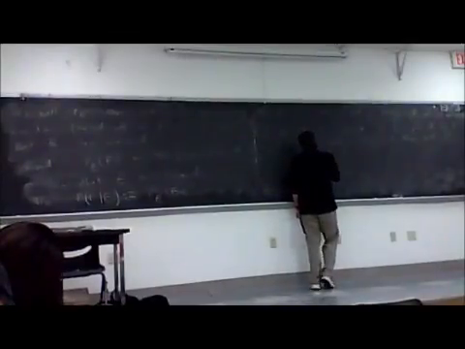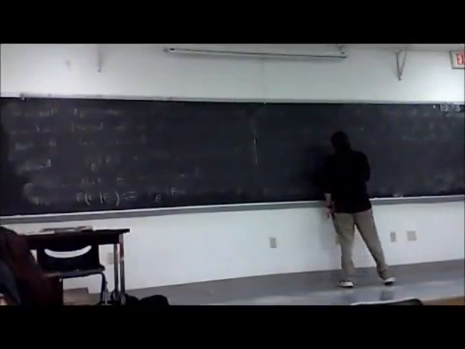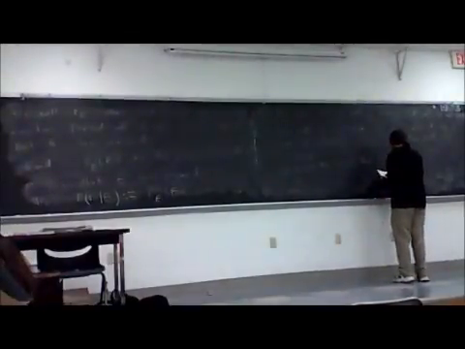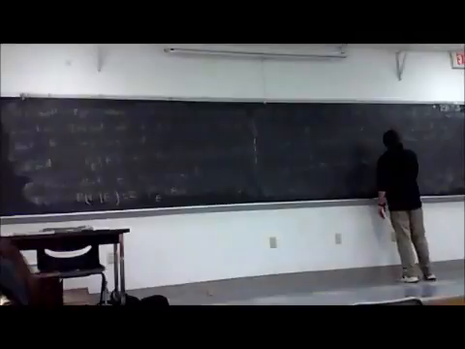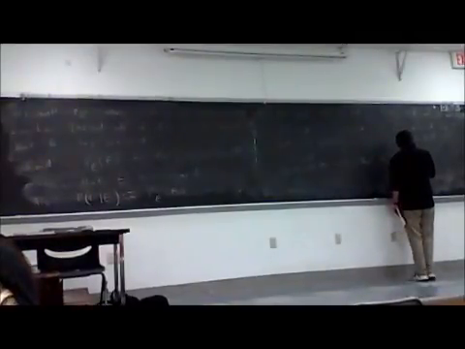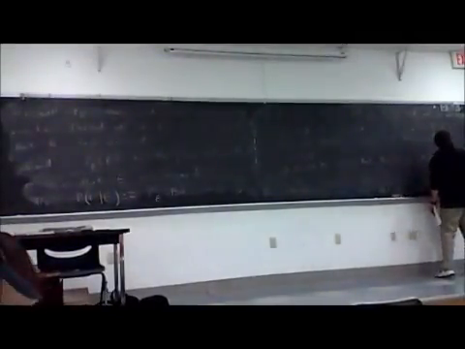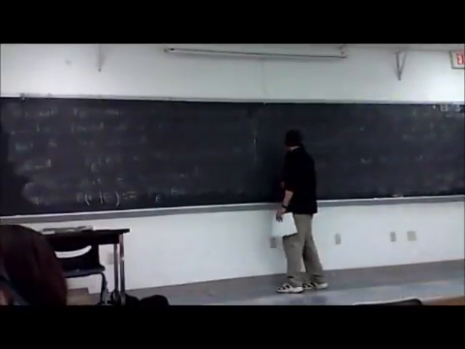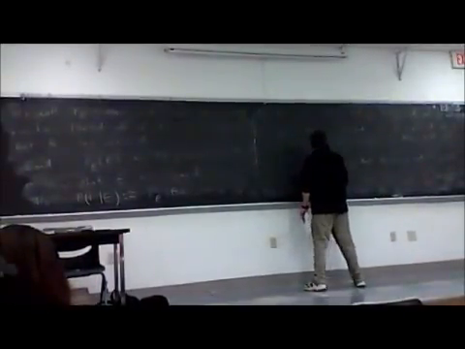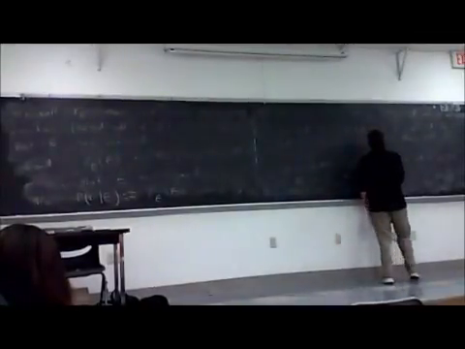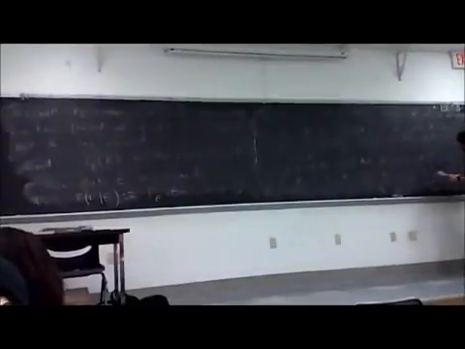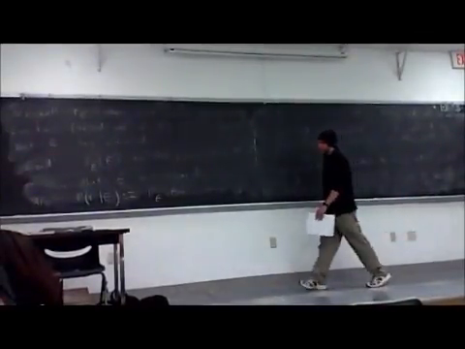So we'll let E be the event that the second ball is green. And then I want F to be the event that the first ball is red.